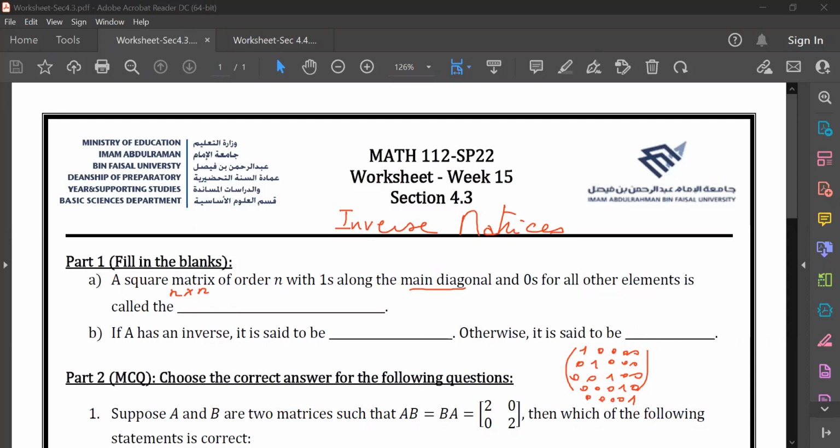What do we call this? 1 on the main diagonal and all other elements are 0. Identity matrix.